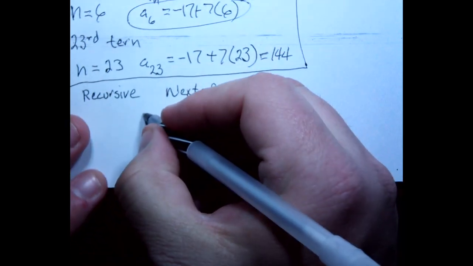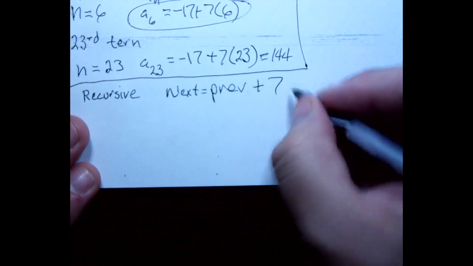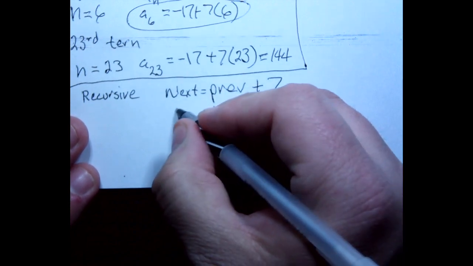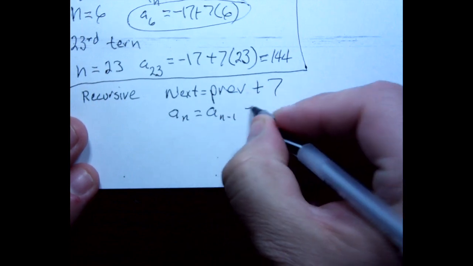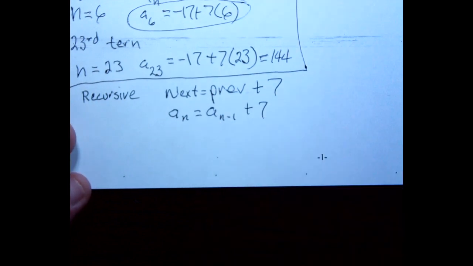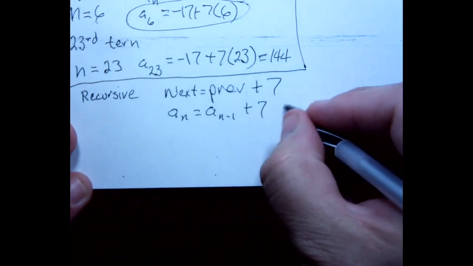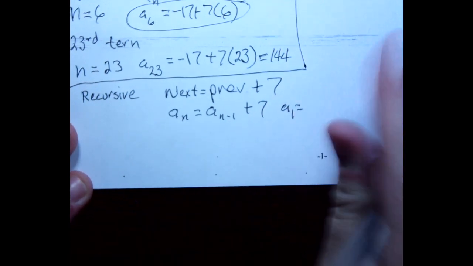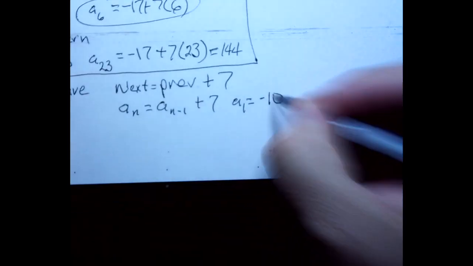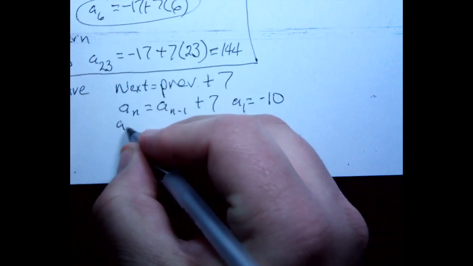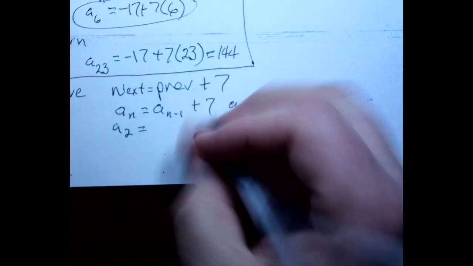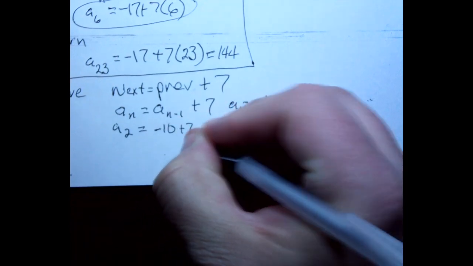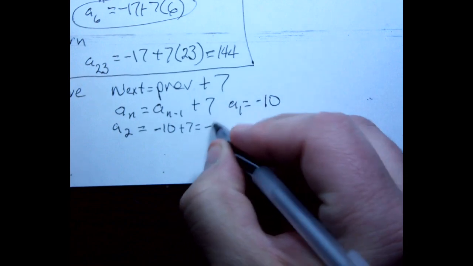We would say a sub n is equal to a sub n minus 1 plus 7. And we had to define that a sub 1 was equal to the first term, negative 10. So a sub 2 would be equal to a sub 1, the previous term, negative 10, plus 7, which is equal to negative 3.